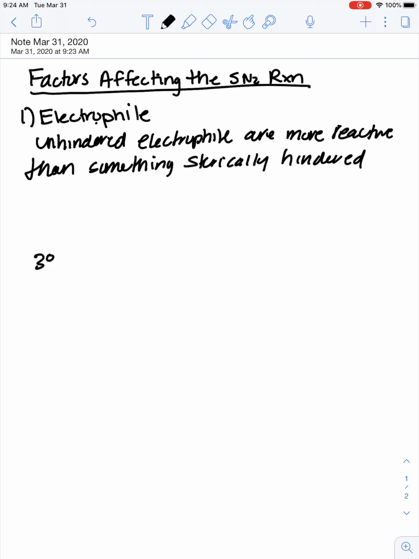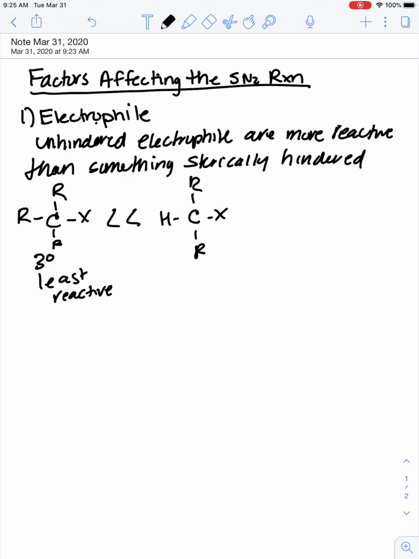So if we have something that is a tertiary carbon, so something like this is going to be the least reactive. Basically, it won't be reactive by an SN2 reaction. Secondary can be SN2 reaction, but it is not going to be as reactive as a primary, for example.